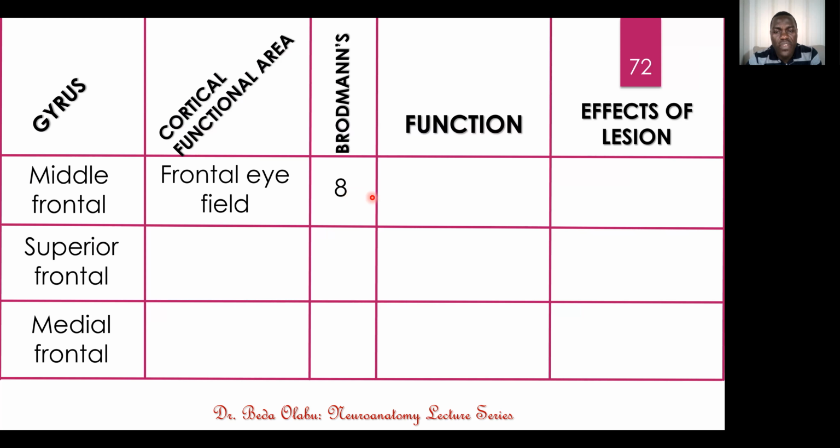The frontal eye field is responsible for what we call horizontal conjugate gaze. Horizontal conjugate gaze is the ability of both eyes to move simultaneously within the same horizontal plane.